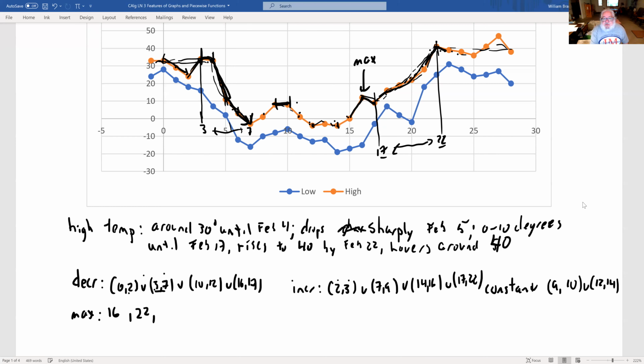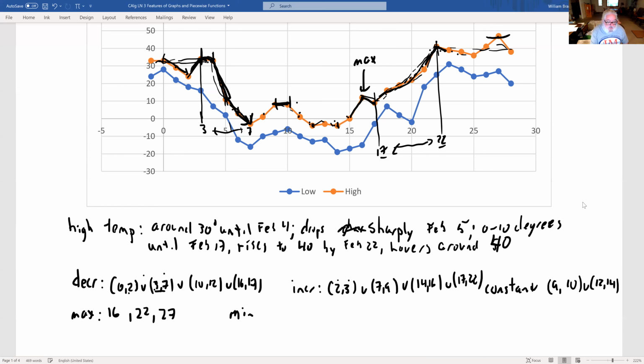The absolute maximum of the whole graph is out here, day 27. That's the highest it gets anywhere. But every time you switch from increasing to decreasing, you get a maximum. From here to here, at day 3, you actually hit the maximum. You increased, and then you decreased.